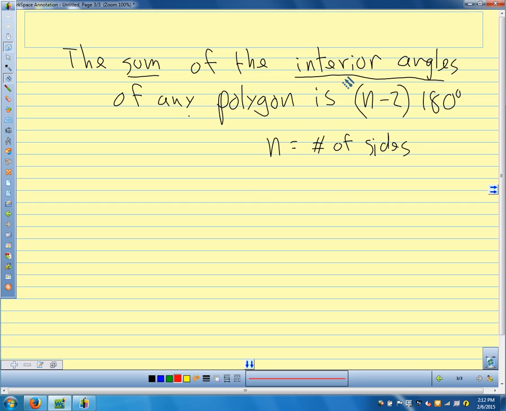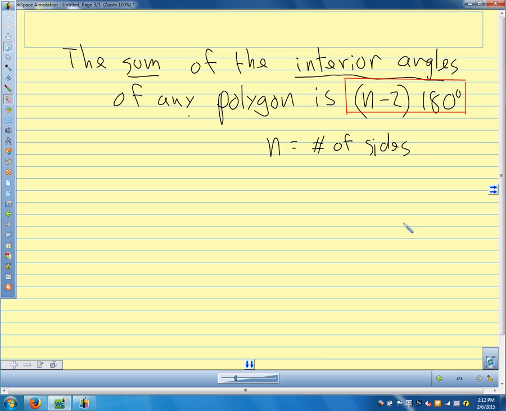And that n minus 2, there's our important formula there. The n minus 2 comes from dividing the polygon into triangles. That's how many triangles we can divide it into. So that's our first formula. Important formula. We're going to use that a lot.